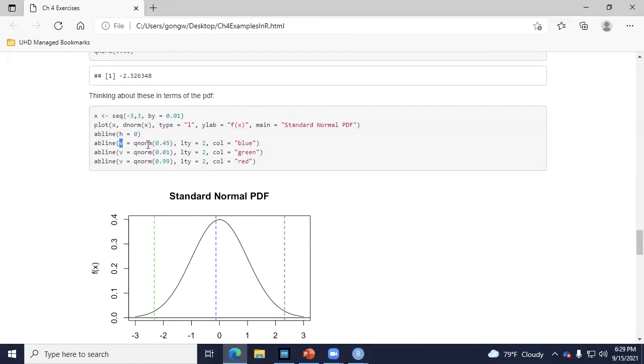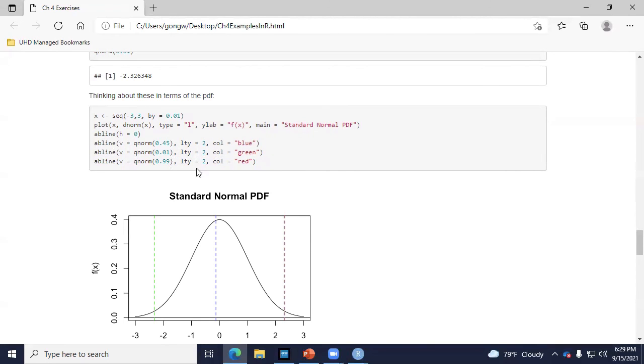This is a vertical line at qnorm(0.45), which is this blue one. What is the lty? This is the line type. I chose 2, corresponding to a dashed line. And these are the colors.